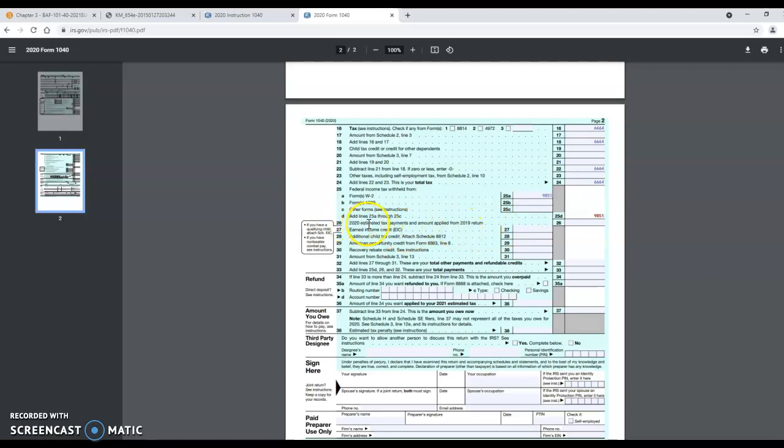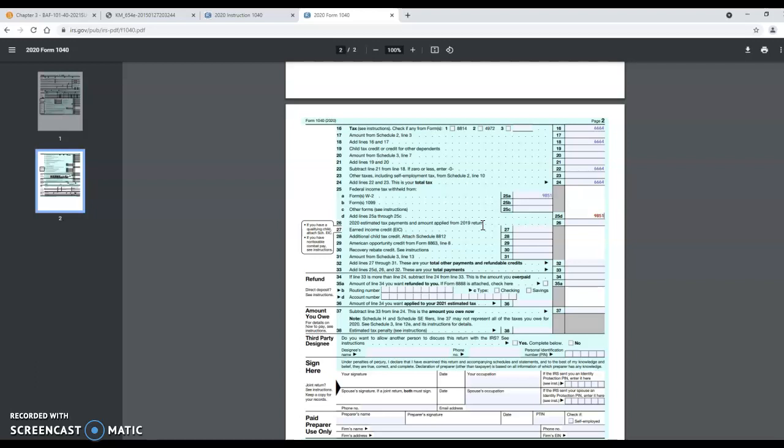Line 26, estimated tax payments. So that's if he owned his own business, he had to pay estimated tax payments in. He didn't have that. Also any amount applied from the previous year's return. So if he had a refund the previous year, he could have said, just hold on to my refund, I think maybe next year I might need it.